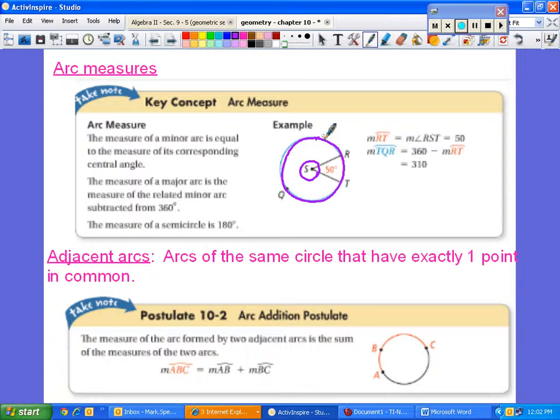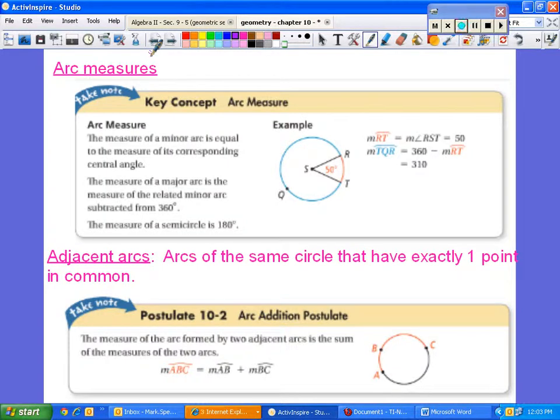So what this arc measure note says is that the measure of the arc equals the measure of the angle that it is connected with. In other words, if you look at 50 here, 50 is both the angle of measure S, and it's also the measure of arc RT.